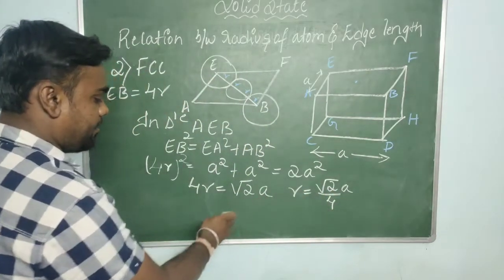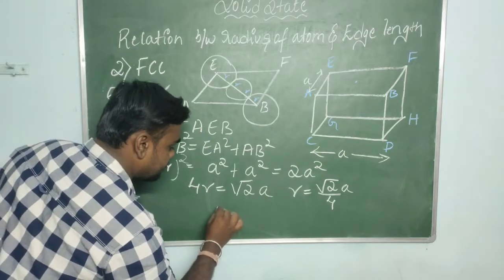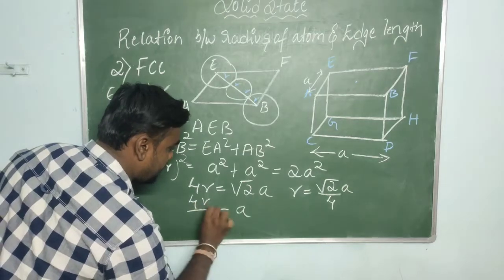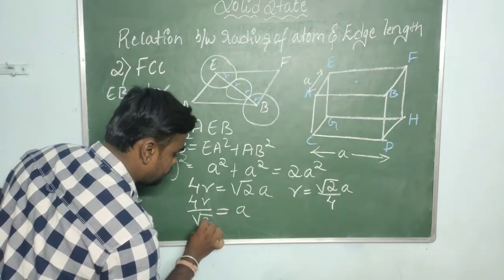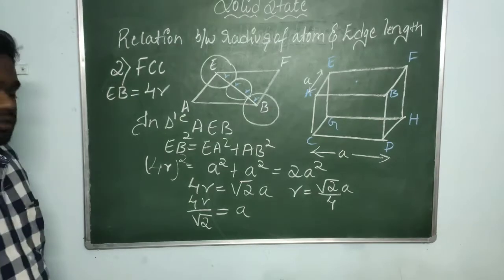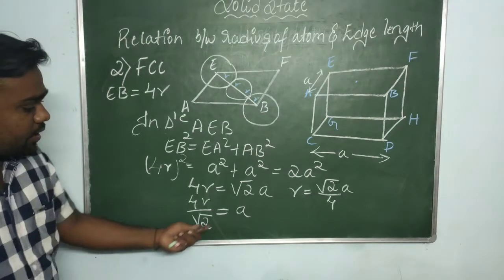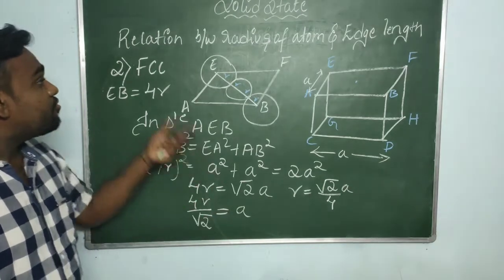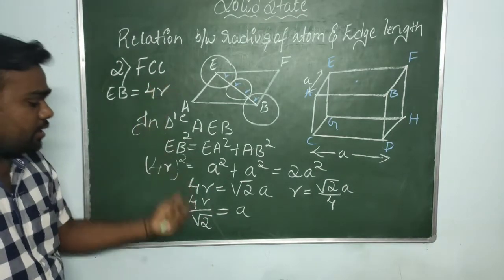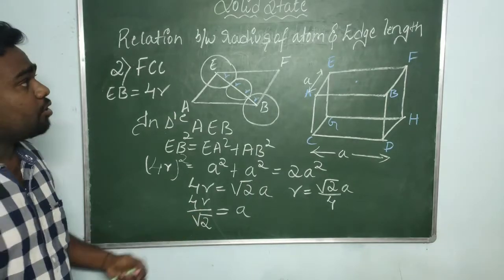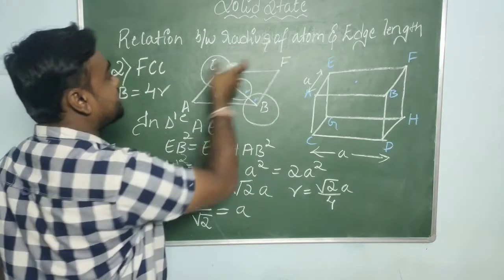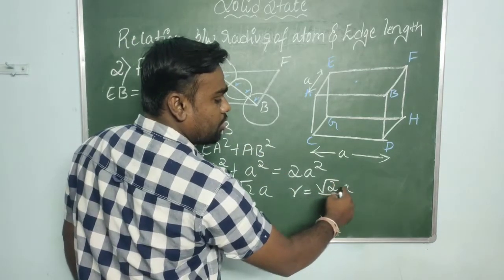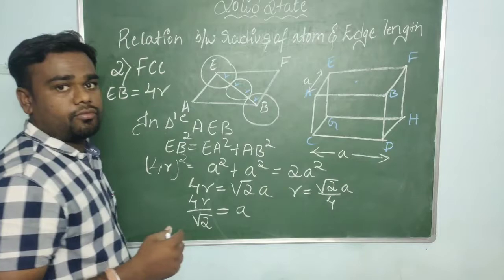A is nothing but 4R by root 2. So the edge length of face centered cube is 4R by root 2, and the radius of the atom in face centered cube is R equals root 2 A divided by 4.